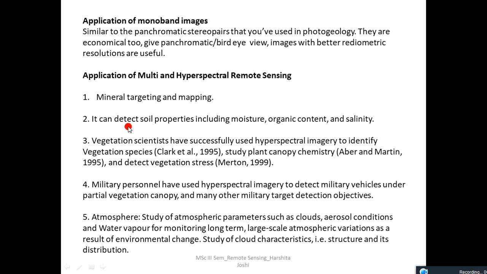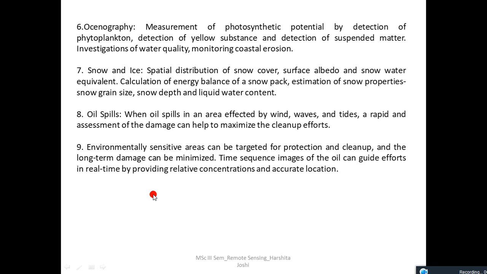Okay, so we can study soil also, we can understand atmospheric conditions also, it is useful for military personnel also. We can understand oceanography, snow and ice, oil spills, and understand the environmental conditions also.